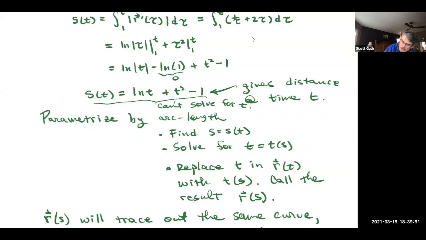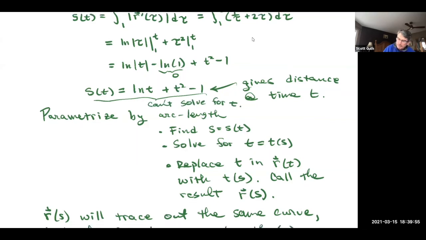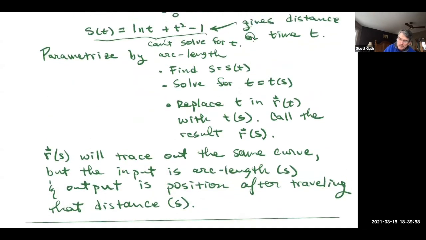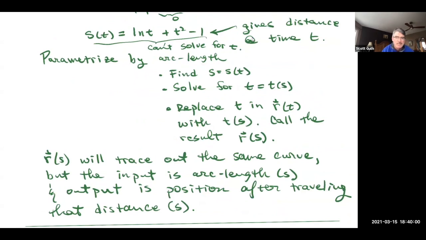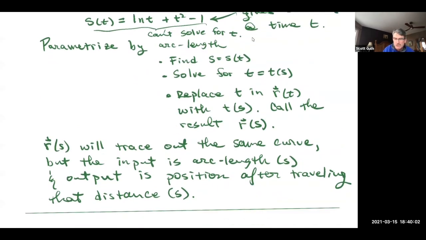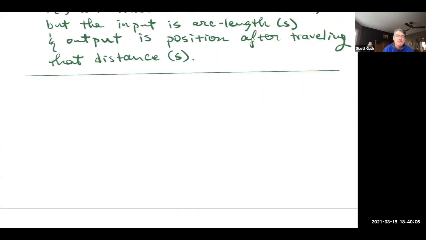If I want to demonstrate that, I need a different example, and it'll have to be a lot easier. I give this step-by-step process, but you actually can't do it unless the function is super easy. So let me do one that's super easy.